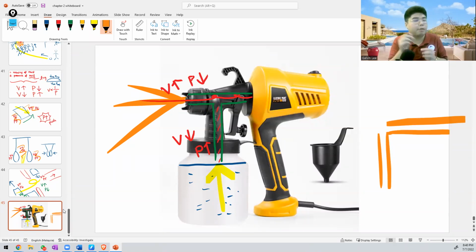You try and blow very quickly. The water will get pulled upwards. Seriously, no joke. You try later. This is how some of the artists do DIY. They use this to make their spray paint. Don't need to buy this gun thing. This one surely confirm can work because I demonstrated this.